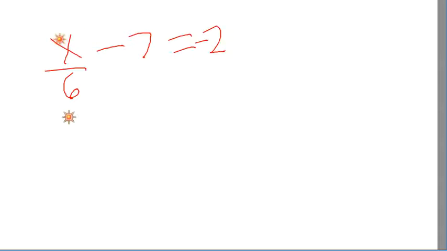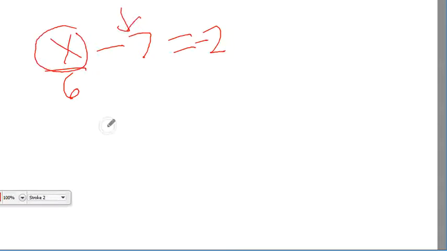So x is being divided by 6, and then we're subtracting 7. That is equal to negative 2. So if we want to isolate this x, we want to get this x right here all by itself. So our first step is to get rid of the subtract 7 by doing an addition of 7.